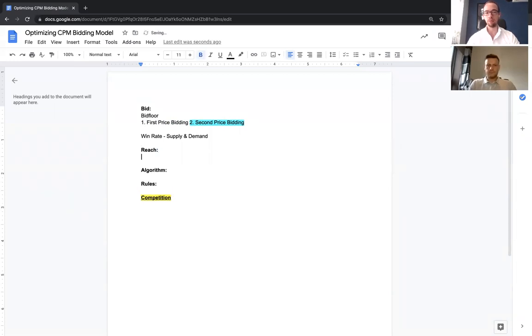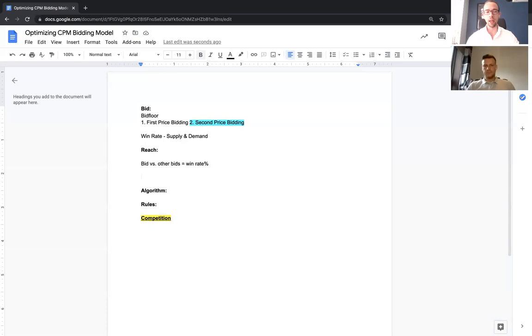So the reach, based off the win rate, right? It's basically your bid versus the other bids is win rate. According to your bid, how many bids are you actually winning? And according to the bid you've won, the impressions will show, right?